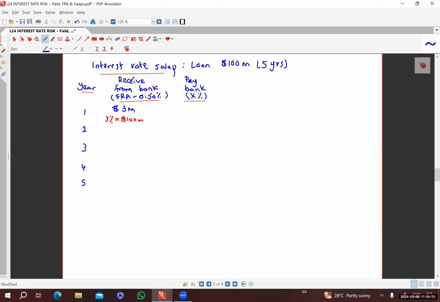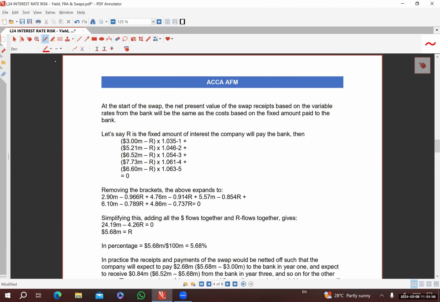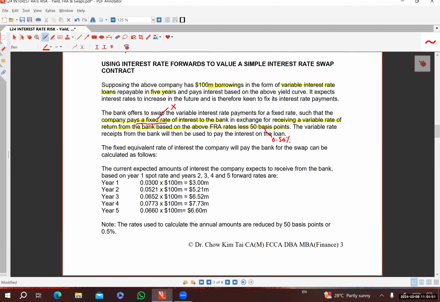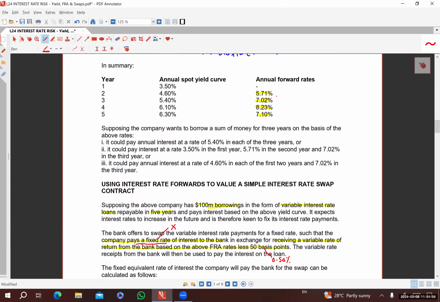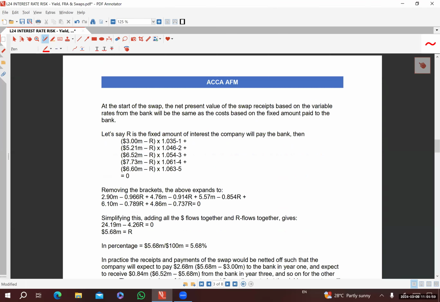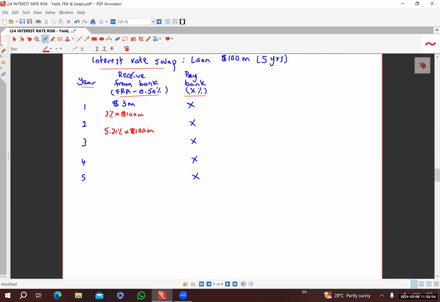3 million. You pay the bank X. So payment is all the same, X. Second year, FRA is 5.71%. That's what we got. 5.71 minus 0.5, 5.21% times 100 million, that is 5.21 million.